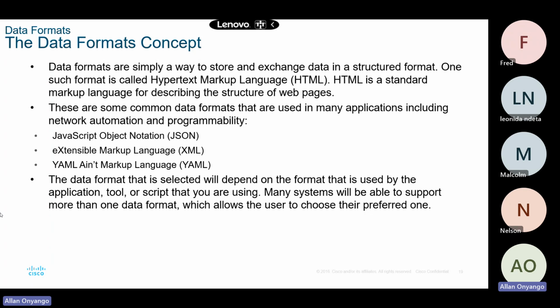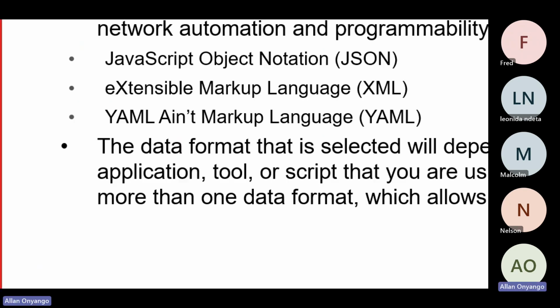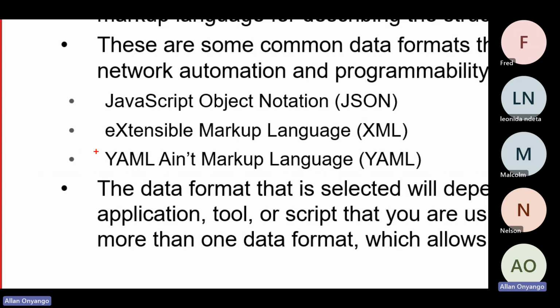Now, the common data formats that we use in many applications within automation and network programmability include these three. We have JSON, which is JavaScript Object Notation. We have XML, which is the extensible markup language. And then finally, we have a funny one, very funny indeed. Why am I calling it funny? I call it funny because in YAML, the first letter still refers to the whole abbreviation.